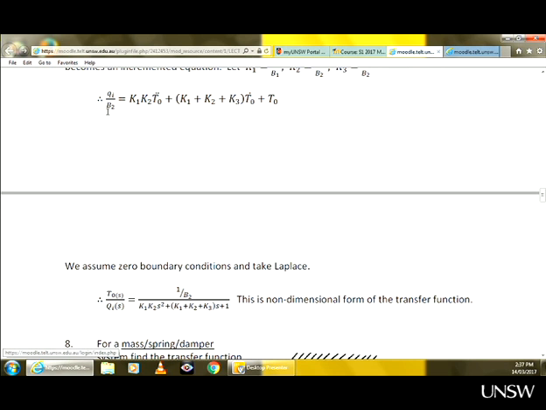So this 1 over b, okay, so after the Laplace transform, I'm having qi over b2. Here I have k1, k2 times s squared, TO of s. k1 plus k2 plus k3 times s times TO. And this is just TO.